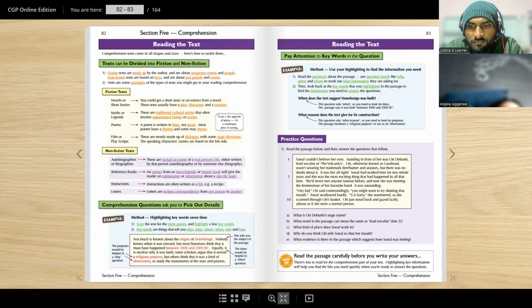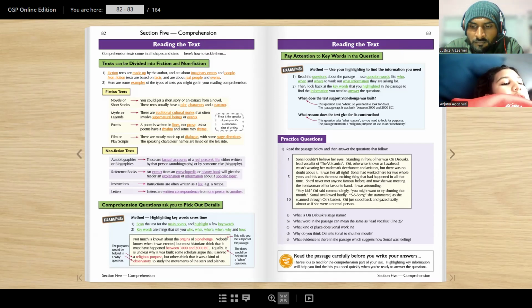These are factual accounts of a real person's life, either written by that person, autobiography, or someone else's, biography. Reference books. An extract from an encyclopedia or history book will give the reader an explanation or information about a specific topic. Instructions. Instructions are often written as a list, for example a recipe. Letters. Letters are written correspondence.